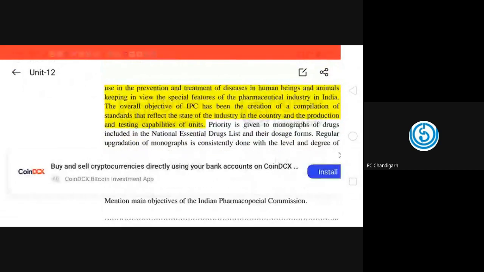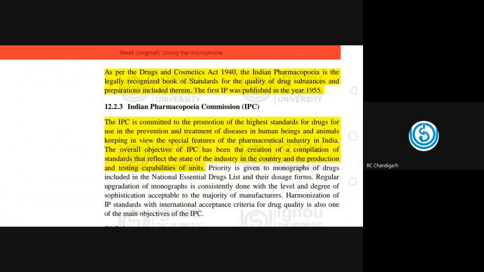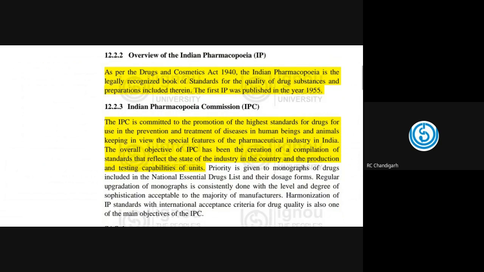Indian Pharmacopoeia Commission, IPC. The IPC is committed to the promotion of the highest standards for drugs for use in prevention and treatment of diseases in human beings and animals, keeping in view the special features of the pharmaceutical industry in India.